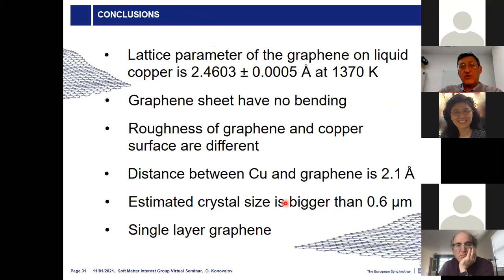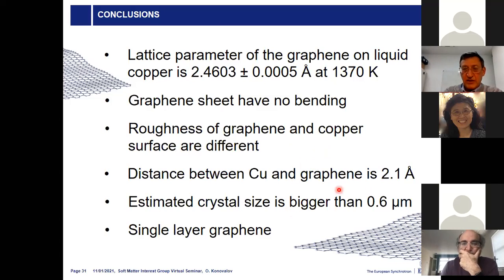And so here is a quick summary of this part of the presentation. We found the lattice parameters of the graphene on liquid copper in situ. We could see that the graphene sheets are not bent. We were able to see that the roughness of the graphene and the copper is very low, and it is consistent with the roughness of the capillary waves produced by the liquid copper.